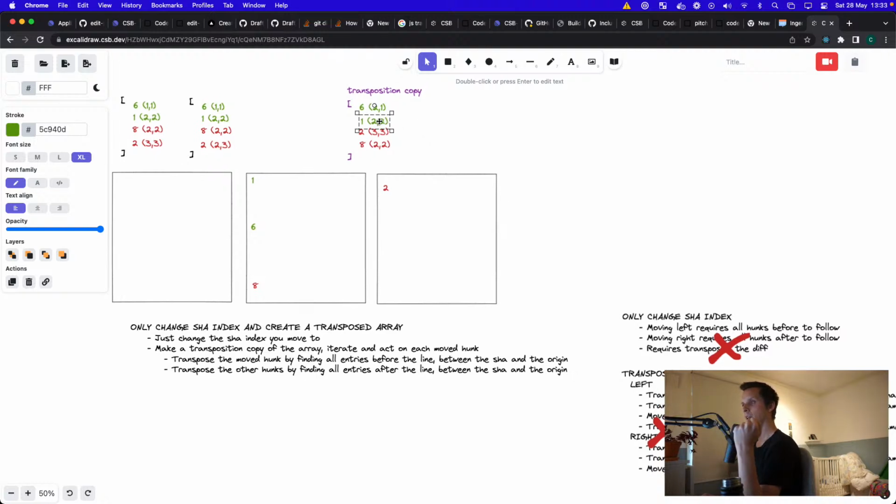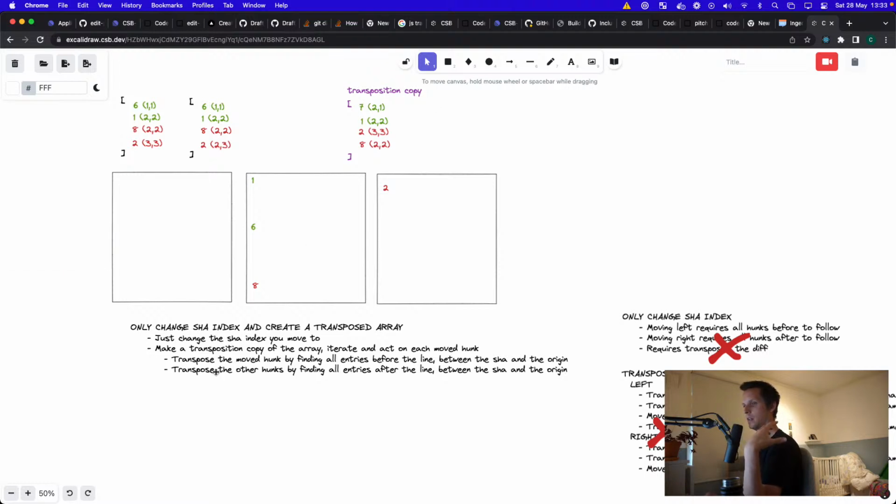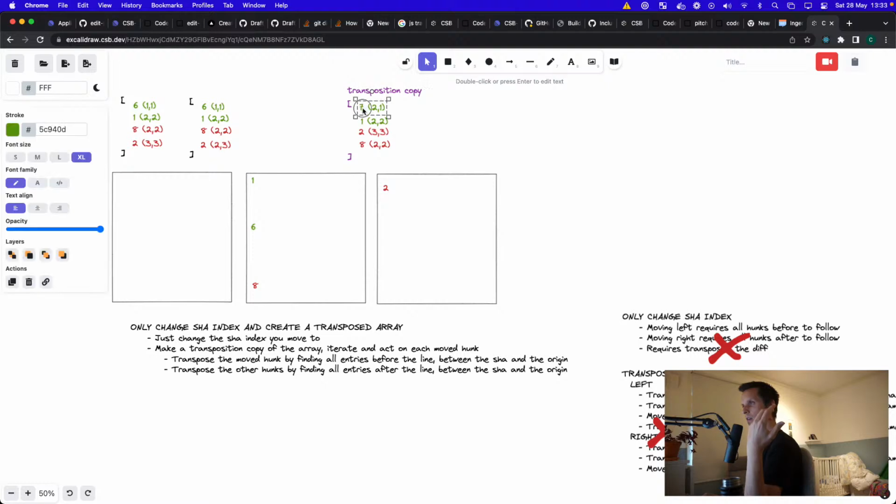So now it doesn't happen on line 6 anymore. It actually happens on line 7, which is correct. That's transposing itself. And then we have to see, transpose the other hunks by finding all entries after the line between the SHA and the origin. So that means, again, let's say it's line 6 now.